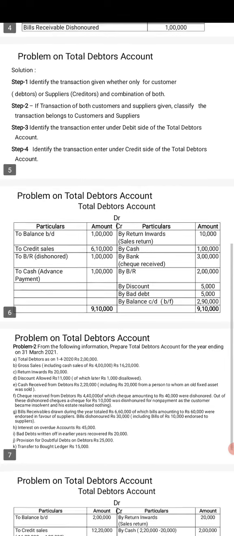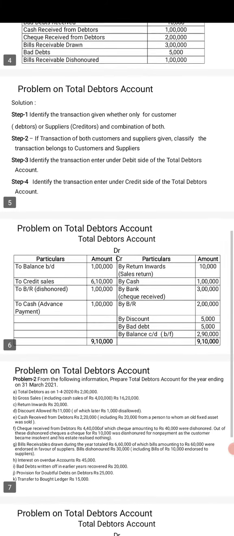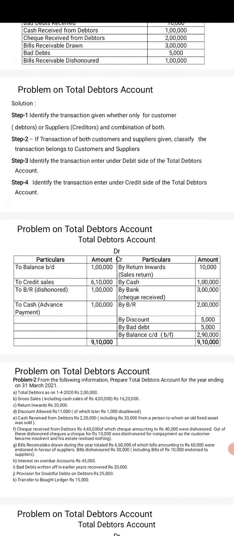Next, check received from the customer. See, this cash received is 2,20,000, out of which 20,000 is from the sale of a fixed asset. So you should not take any fixed assets. You have to take 2,20,000 minus 20,000, remaining 2 lakh was the cash received from the debtors. Check received from debtors rupees 4,40,000, out of which checks amounting to rupees 40,000 were dishonored.